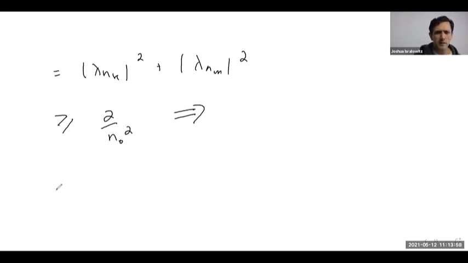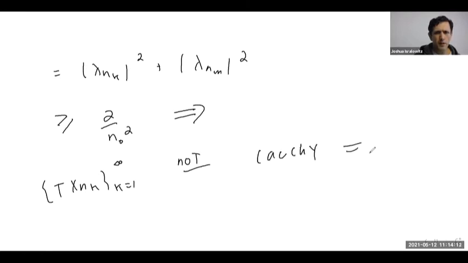So this implies T x_{n_k} is not Cauchy, and that implies T is not compact. That's a contradiction.